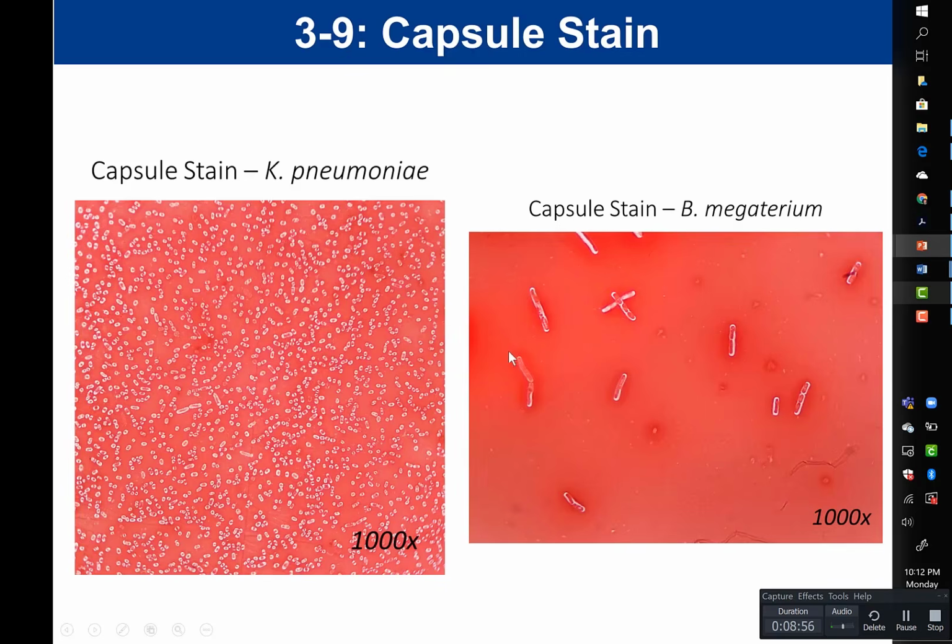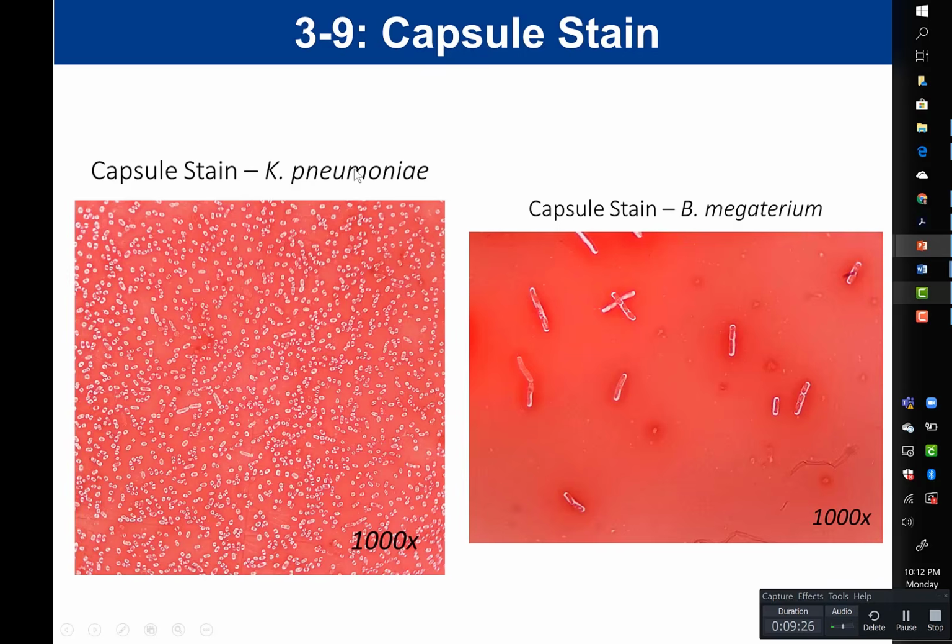You don't have to make that distinction of which is which, but you should recognize that if you see either of those pictures, in fact you're looking at a capsule stain. Because again, the background is stained with the Congo red, the cell is stained with the safranin, and that clear halo around the cell is going to be the capsule. And so when you're studying for the practicum, you will need to know an example organism.